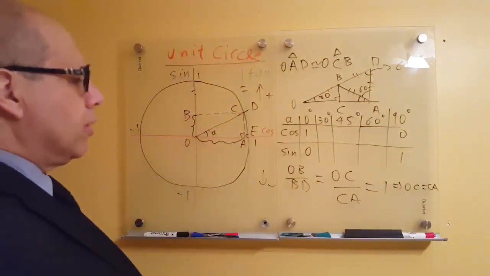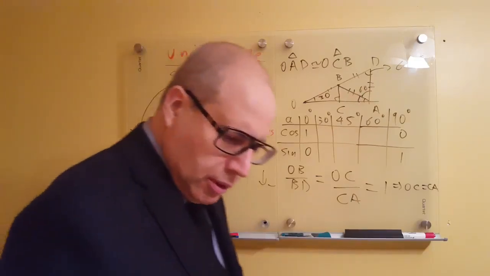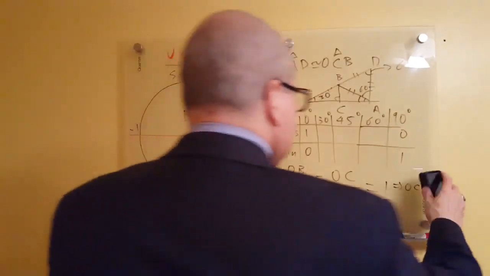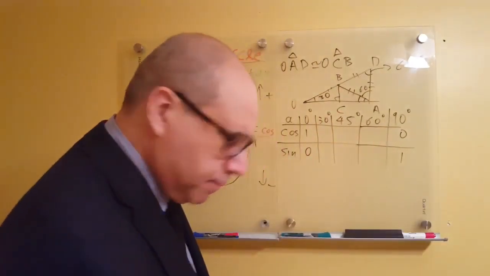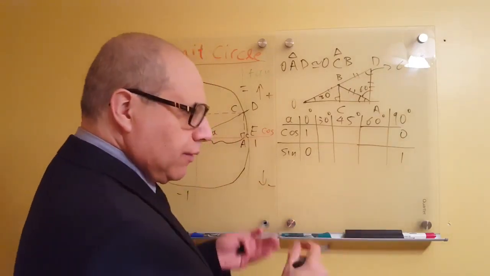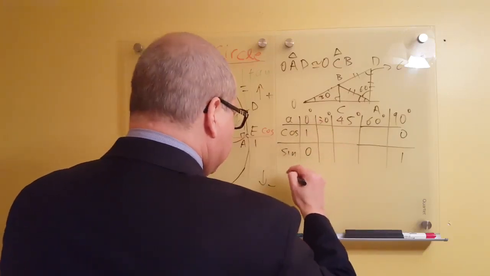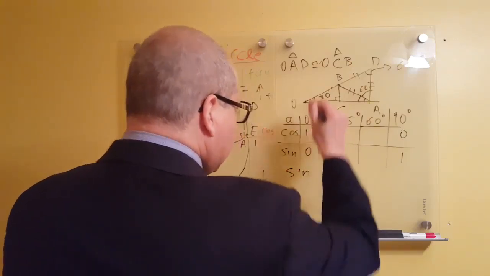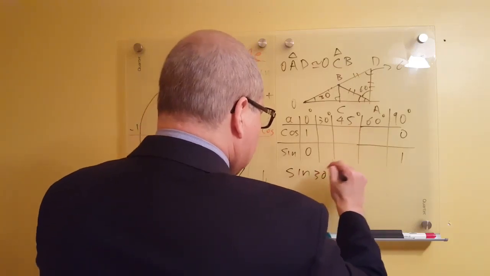I mean, why am I doing all this? Because I want to prove to you that you don't actually have to remember anything when you're dealing with sine and cos. So now let's go and find the sine of 30. That's why I'm doing all this, to find the sine of the 30 degrees angle.